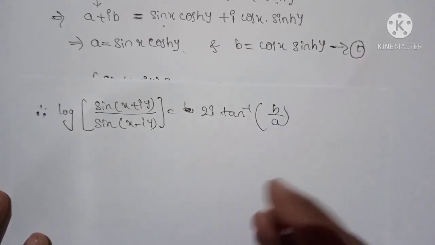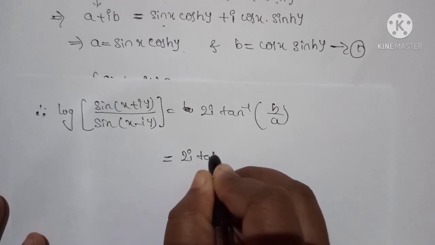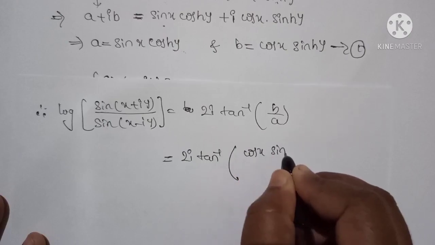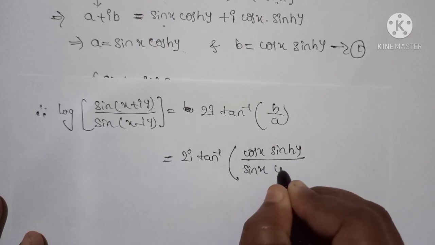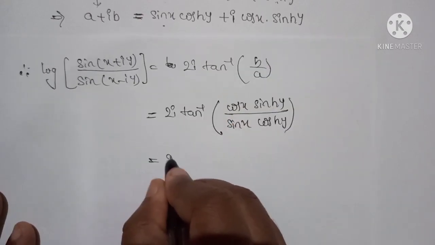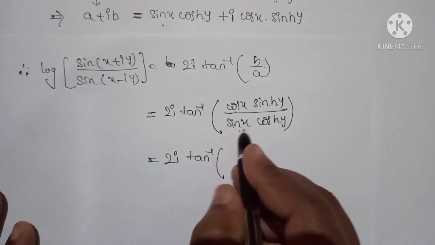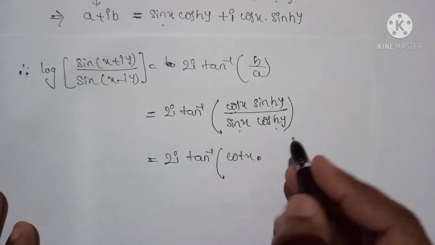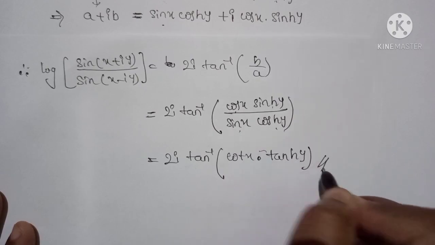Substituting those values we get 2i tan inverse of b, which is cos x into sinh y, divided by a, which is sin x into cosh y. So this is nothing but 2i tan inverse of cot x into tanh y, since sin by cos is tan. So this is the required proof.